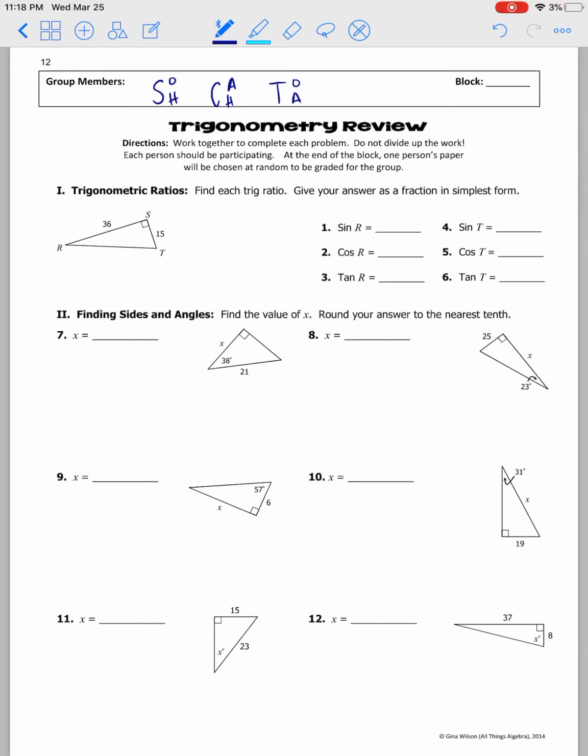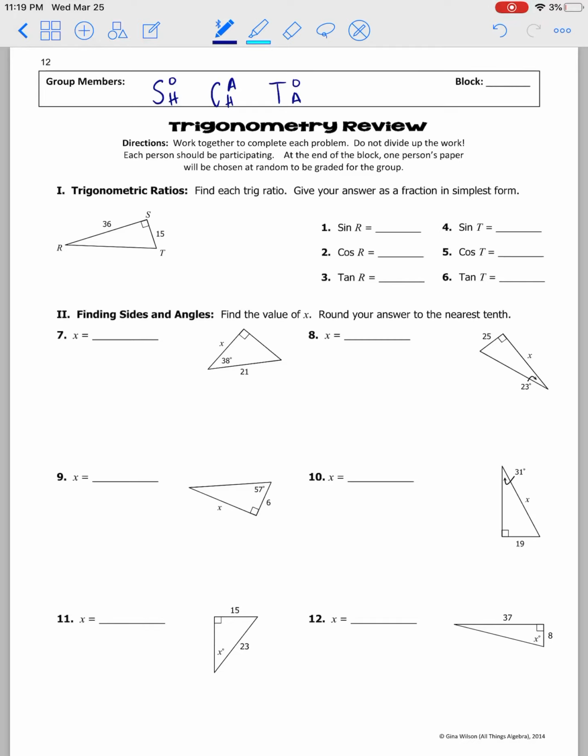So let's review this first one where you are just finding the fraction. We're not actually using the ratios to find missing side or angle measurements right now. We're literally just going to be doing the ratios.